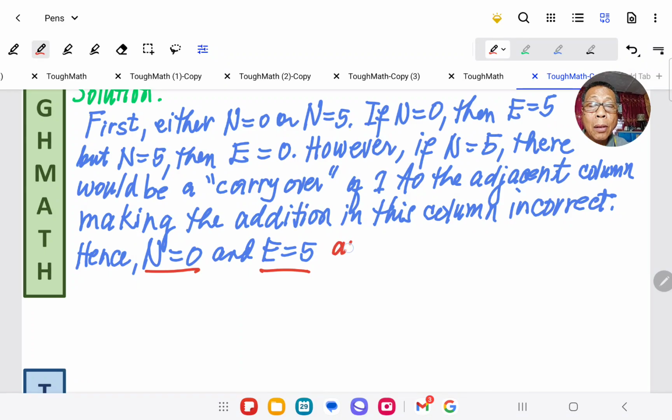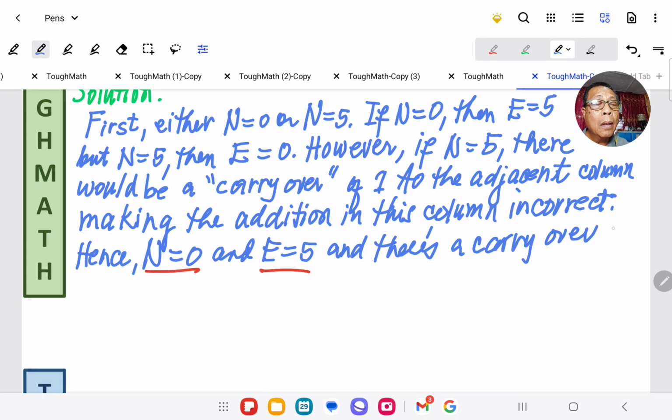And there's also a carryover of 1 to the middle column.